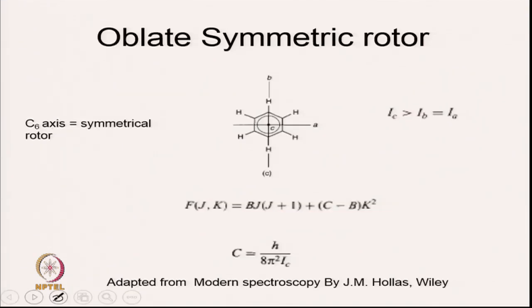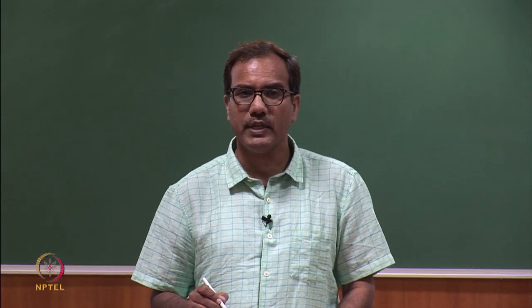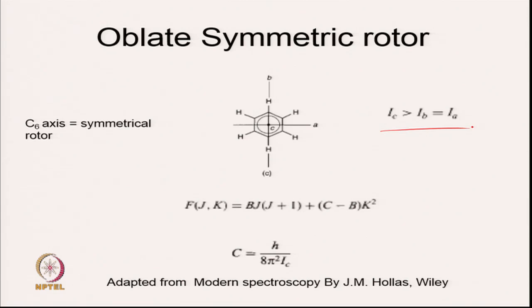Similarly, for the oblate symmetric rotor, we can calculate the energy term. In this oblate symmetric rotor, the axis which is not equal has a higher moment of inertia than the moment of inertia along the two axes which are equal. So, IC is greater than IB is equal to IA, and this is typically the case of the benzene molecule.